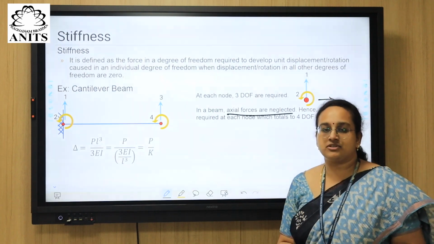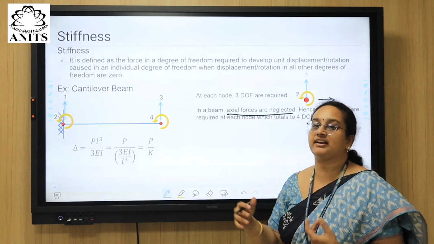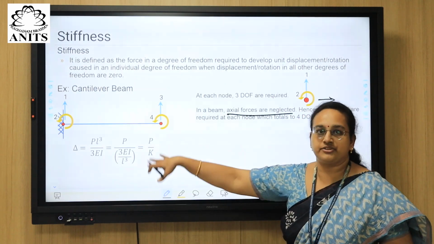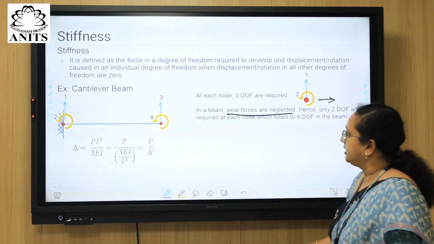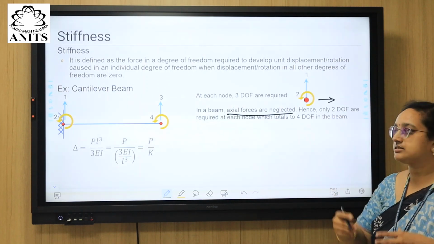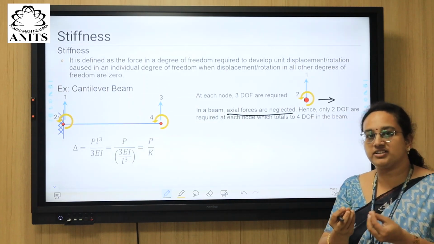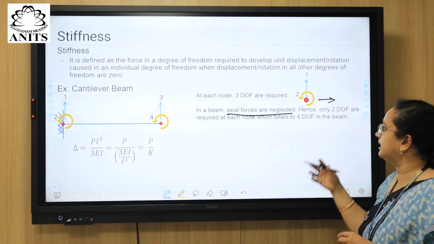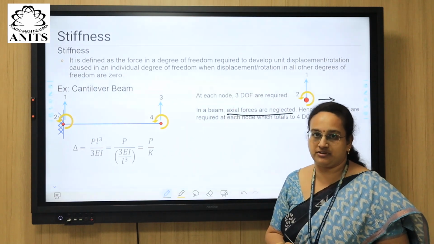That's the assumption of a beam. Why? Because a beam is a flexural member. That means it is predominantly deformed in the flexural direction, that means transverse direction, right? So axial forces are neglected. That means even if the node is moving in the positive x direction, we are not going to consider it. It doesn't account to the complete structural response, right?